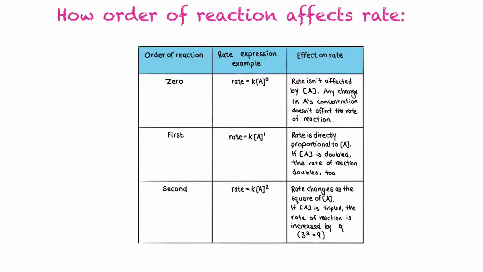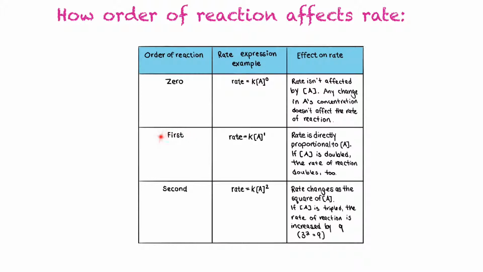So let's just take a look at the different orders of reaction and see how they would be written as a rate expression. If the order of reaction is 0, the rate expression would be rate equals k times the concentration to the power of 0. And what this means is that rate isn't being affected by the concentration of A. Any change in A's concentration will not affect the rate of reaction.